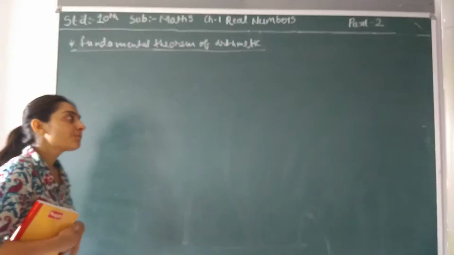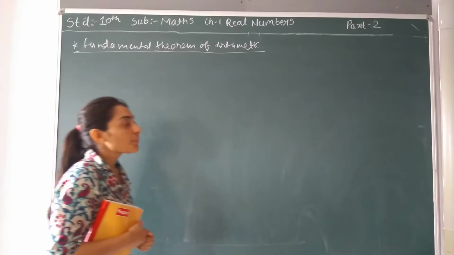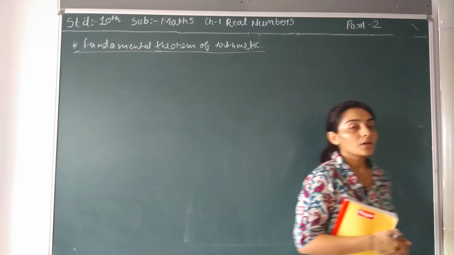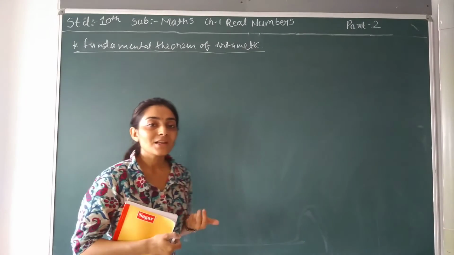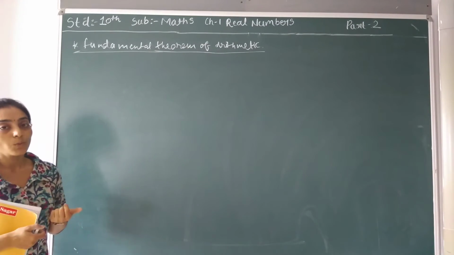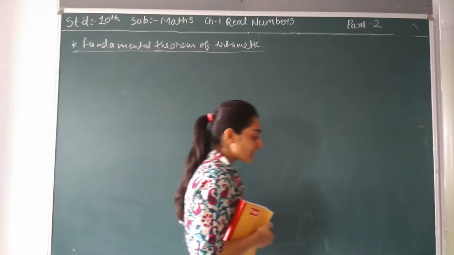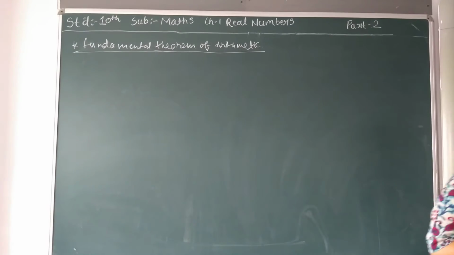Other than the prime numbers, the remaining are composite numbers. Composite numbers are those numbers that have more than 2 factors.